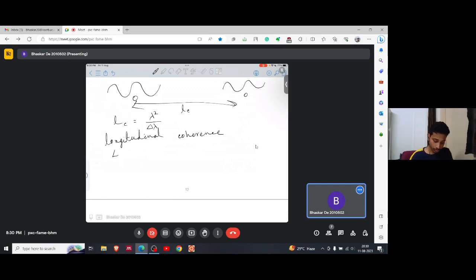Here delta lambda is the difference in the wavelength, and lambda is the center wavelength.